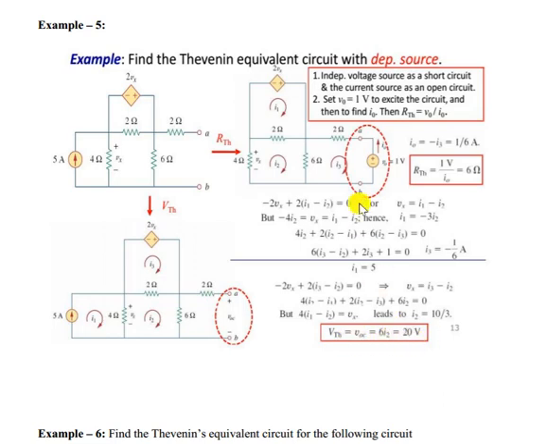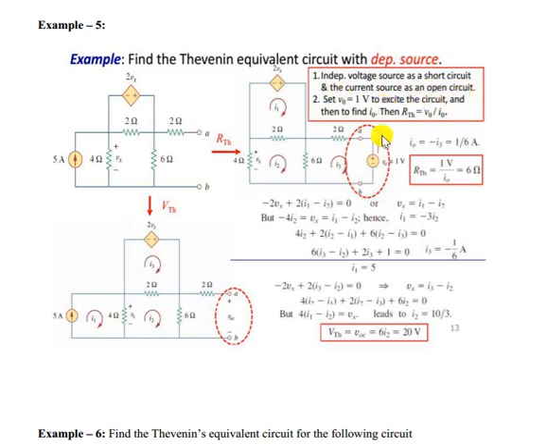Now how to find out the RTH? For this we are taking the test method. Test method means we have to include a voltage source or current source in the place of load resistance, and that time we have to make independent voltage sources as short circuit, current source as open circuit.